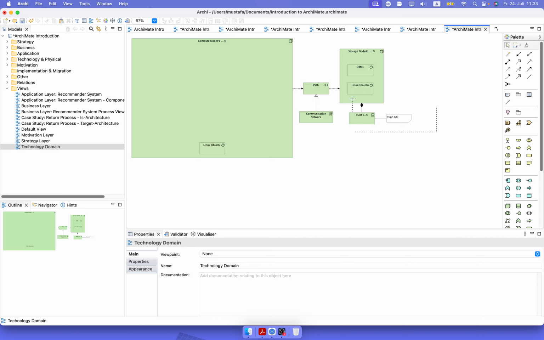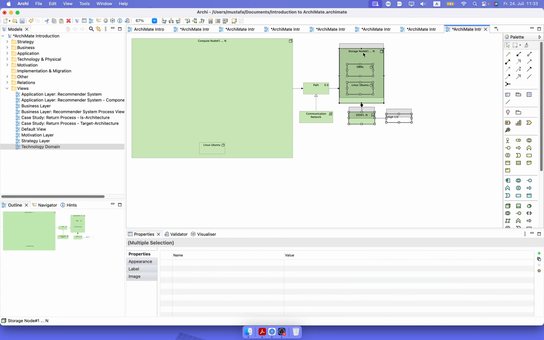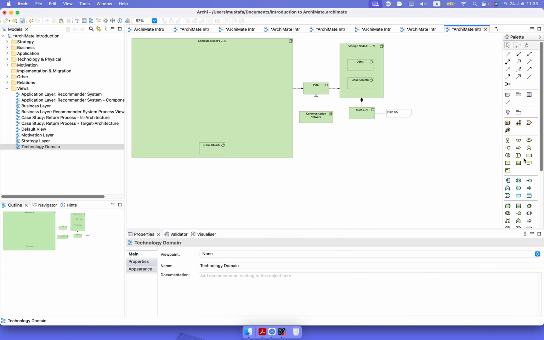So we could go a little bit further and model the node for the replication. It is a node, standby replica node, 1 to n.